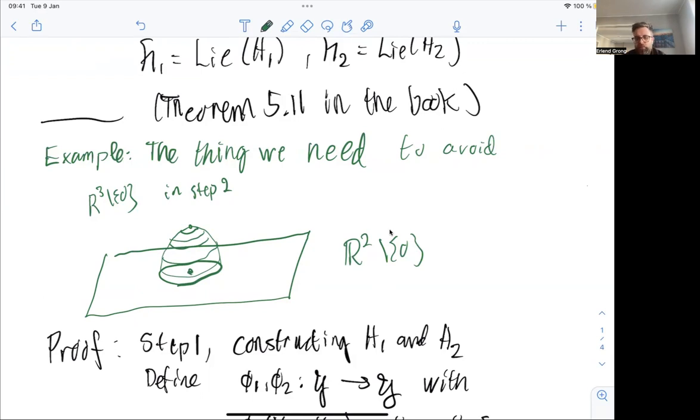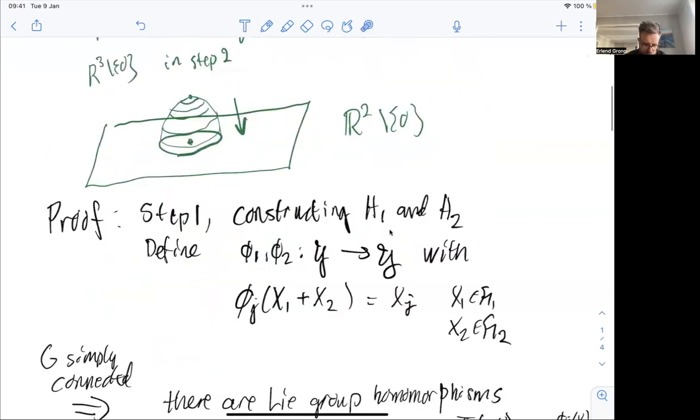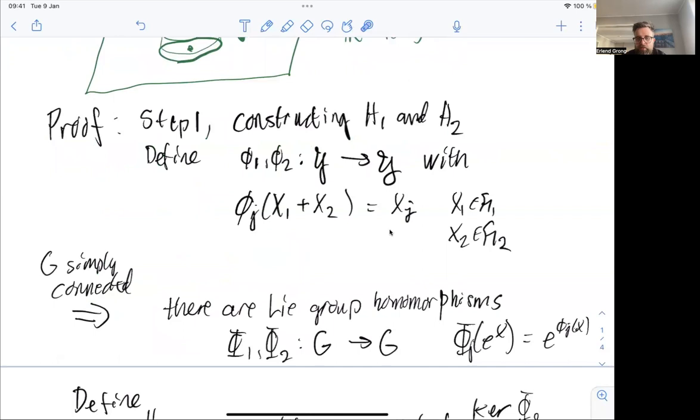And so what we want to show in the case of the proof in step 2 is that if we have something like this, then we can project it down again to our subspace H1 and get a loop in the smaller space, and that this is well defined. So we consider the proof of step 1.